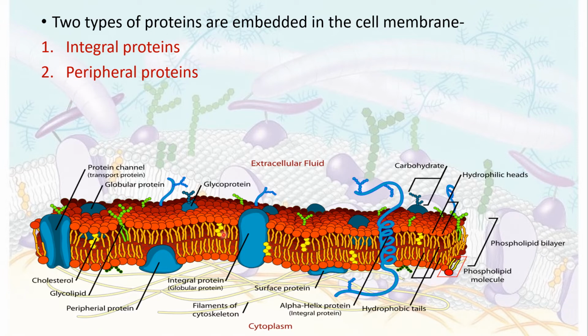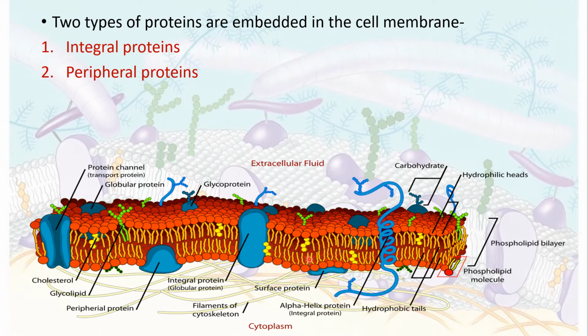Some are tightly bound, or we can say integrated with this phospholipid bilayer, or span the entire membrane. These are integrated proteins or integral proteins, or we can say intrinsic proteins. Hence, they cross the entire membrane. They act as transporters.